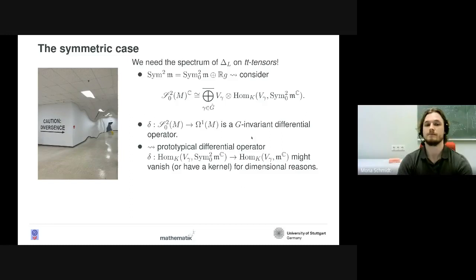Now these are both finite-dimensional vector spaces. We can compute them using representation theory, and we can compute the dimension in particular. So simply for dimensional reasons, this might vanish, or this might have some non-trivial kernel.